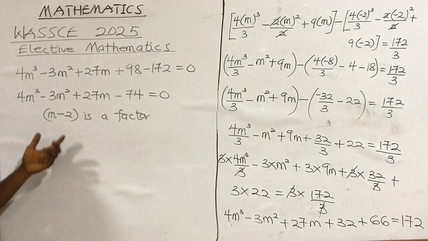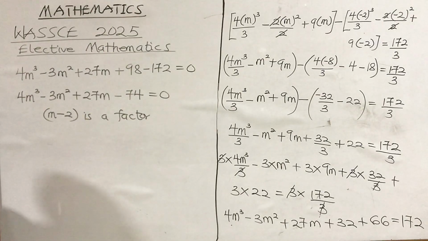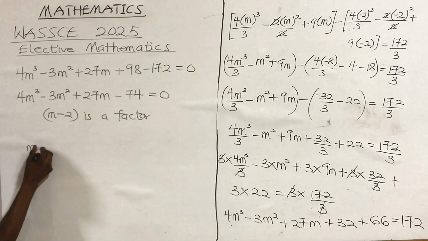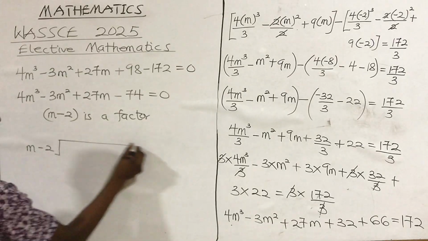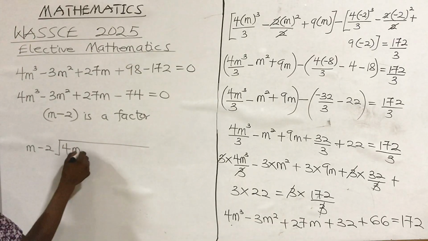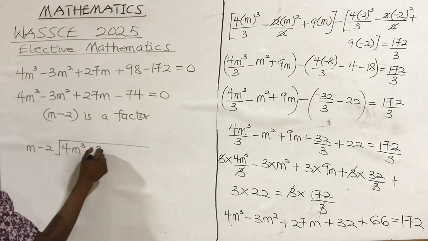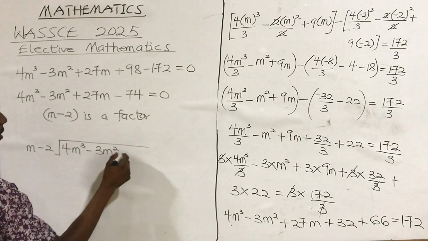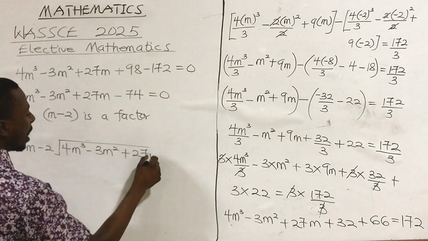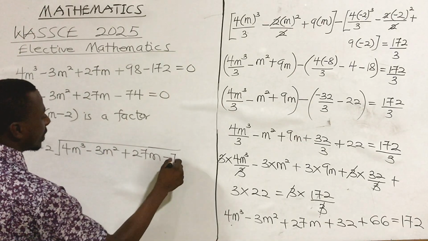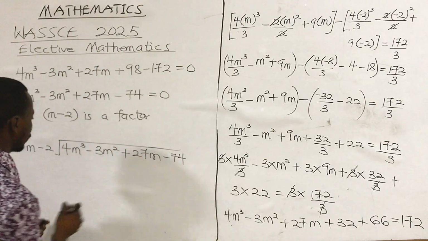So we are going to use m minus 2 to divide this whole function. So we have m minus 2 dividing 4m cubed minus 3m squared plus 27m minus 74.